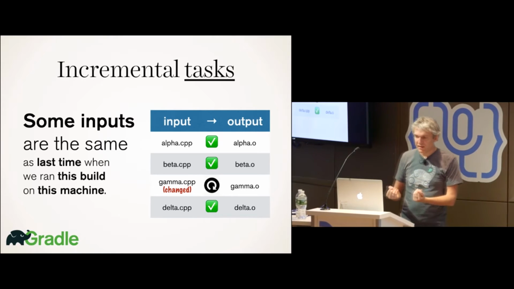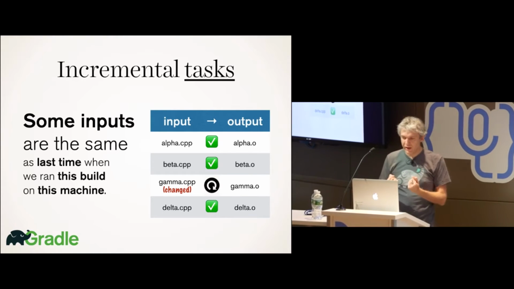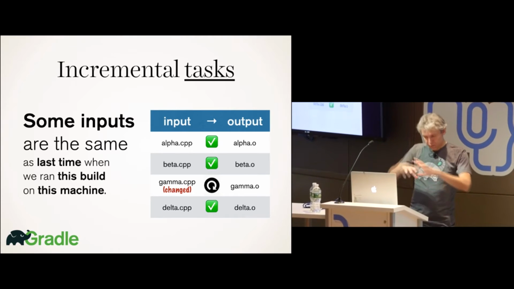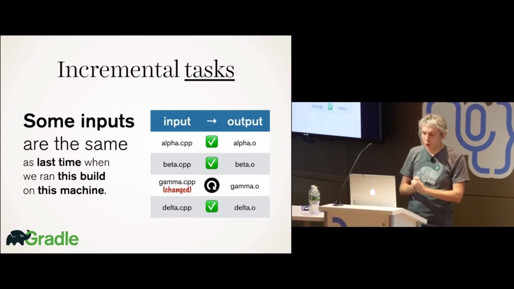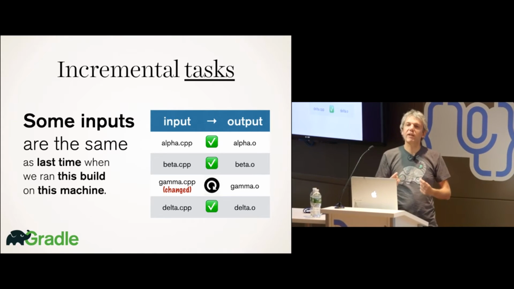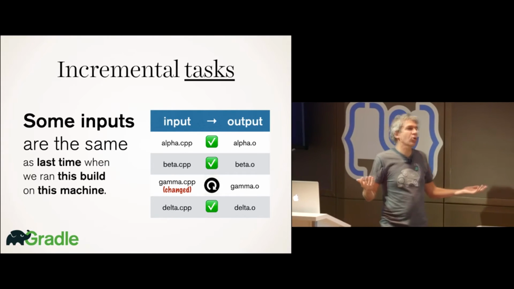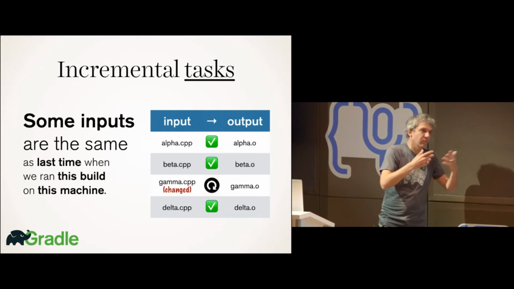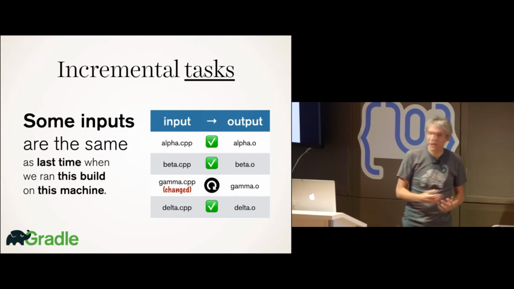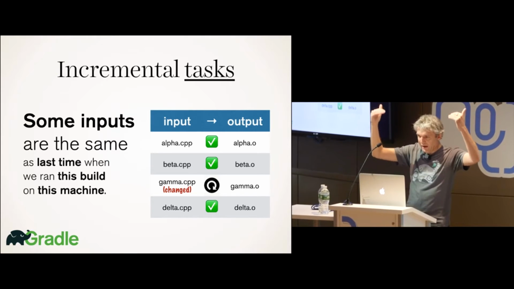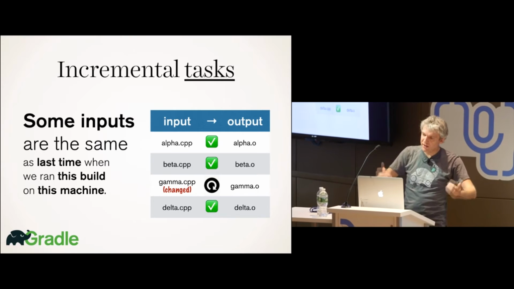The task basically asks Gradle, hey, tell me the files that have changed. I don't have to redo everything. I know from my domain, in this case the Java compile domain, how I can rebuild effectively only the stuff that has changed, right? Some tasks can be incremental, some other tasks cannot be. Javadoc cannot be incremental, right? If anything changes, you have to regenerate the whole Javadoc. So those are incremental tasks, but we're talking here about incremental builds, right? That is a level higher. That means when something has changed, we execute it. If not, we don't.